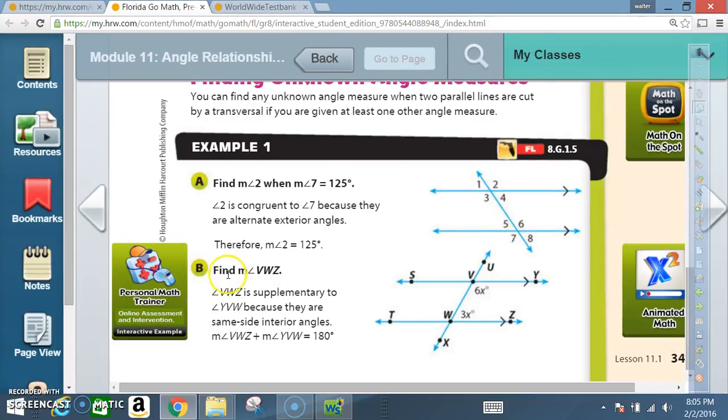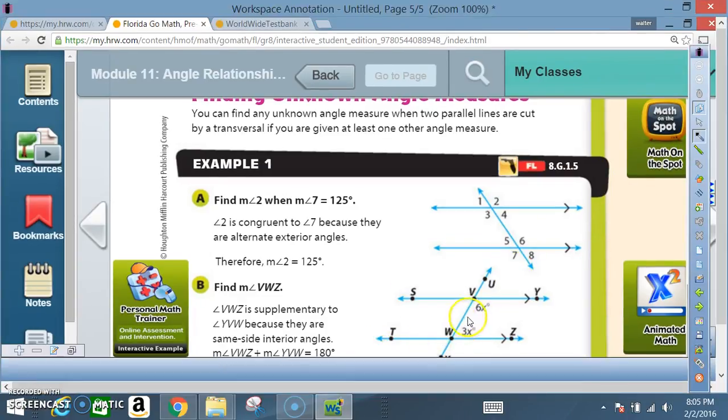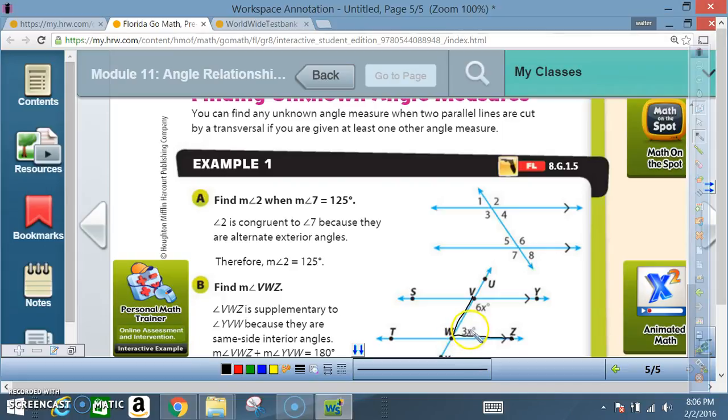Okay, now part B. Find the measure of angle VWZ. So they want us to find this angle right here, V, W, and Z. Now they tell us that currently the angle is measured at 3x.